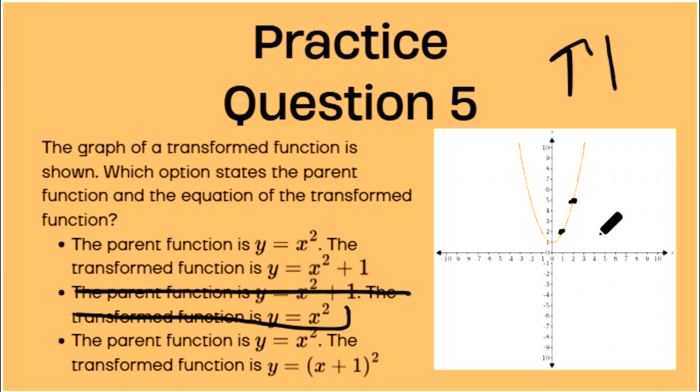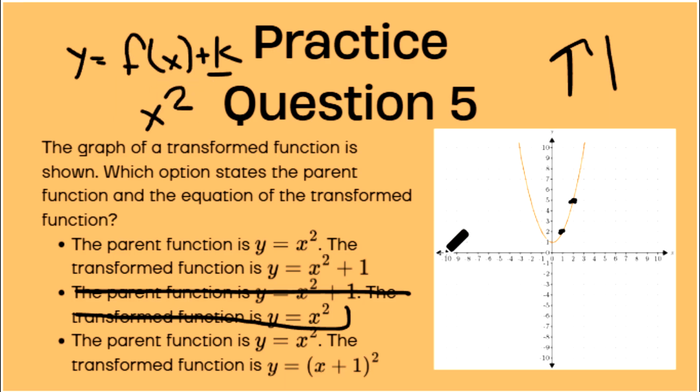Which means that a vertical translation is written as y equals f of x plus k. Because it's vertical, it went up, it's a plus. So we should have y equals, the f of x gets replaced by x squared because that's our parent function.